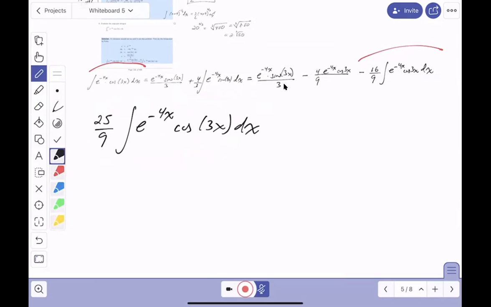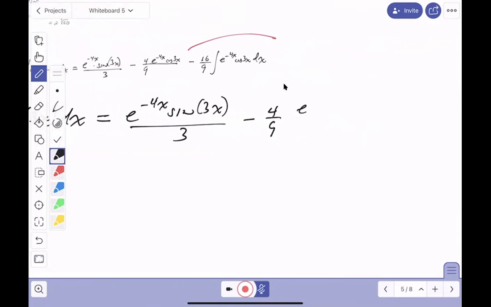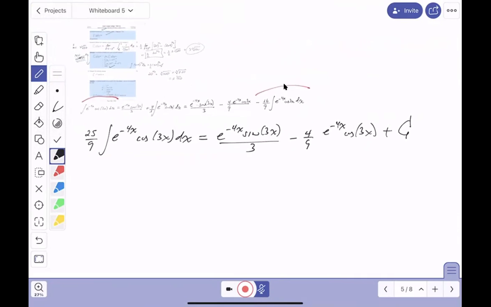Yes, I know this is tedious. Equals, well, e to the minus 4x sine 3x over 3 minus 4/9 e to the minus 4x cosine 3x, all integration removed. Now I'm going to put the c down. Now I'm wondering, did I get that right?